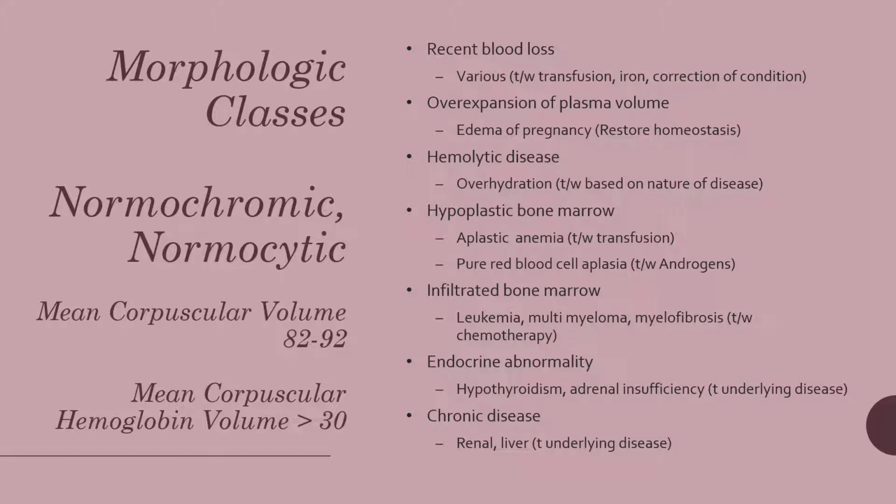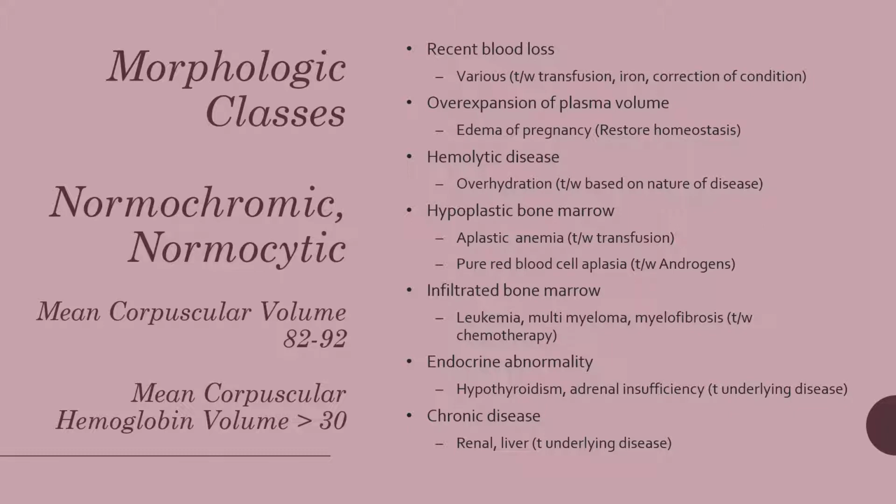What will cause this? Probably a recent blood loss. When this happens, we will generally treat it with a transfusion. We may see iron, but again, a consideration of the underlying cause or condition will be called for.